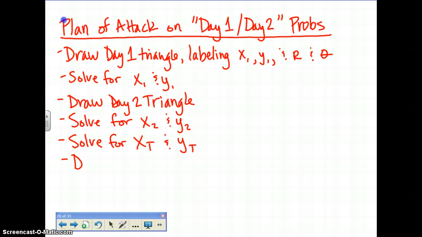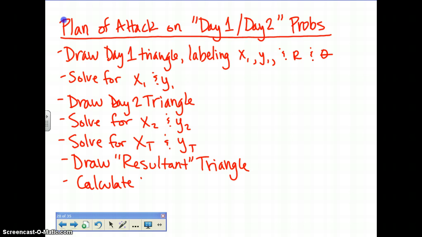Once you do that, now you're going to draw your resultant, the what if I would have only moved this way triangle. And you're going to calculate resultant magnitude by using Pythagorean theorem.